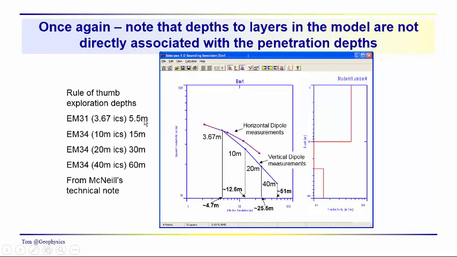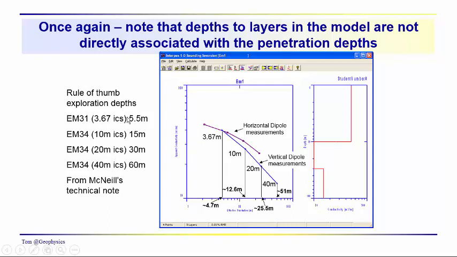Okay, just another reminder that when you see the data plotted here in IX1D, the individual data points for the horizontal dipole and the vertical dipole measurements of apparent conductivity are plotted at penetration depths, and these penetration depths aren't actual depths.